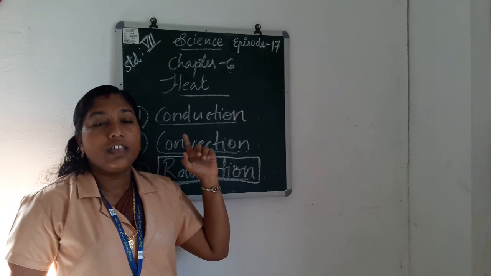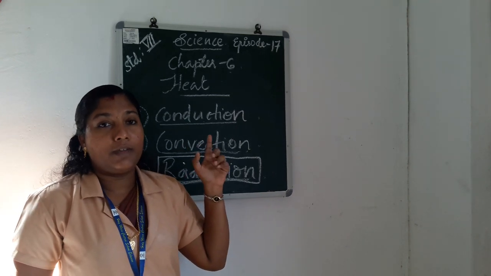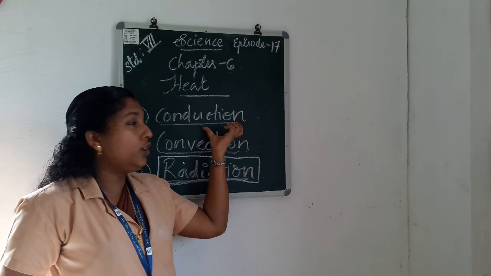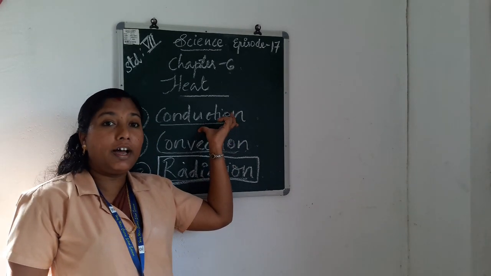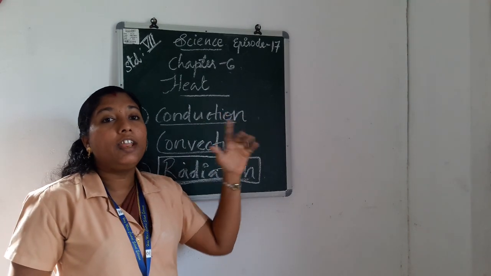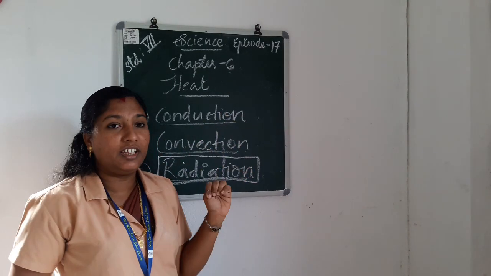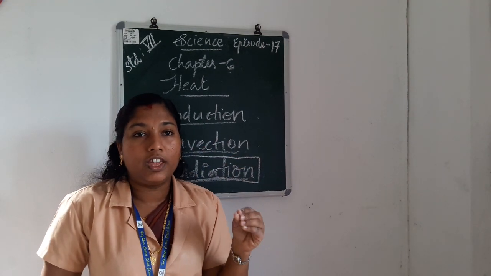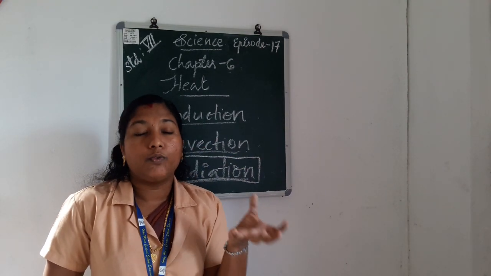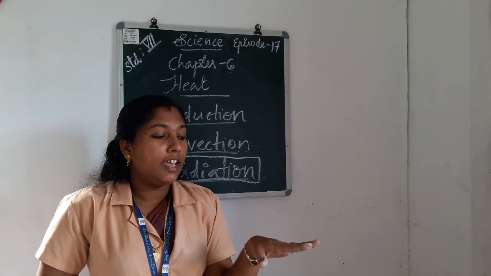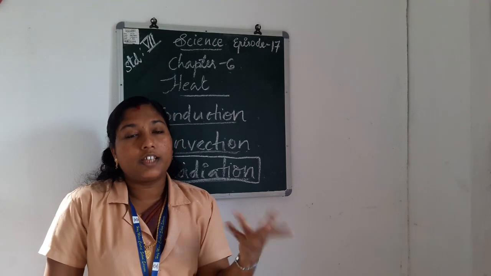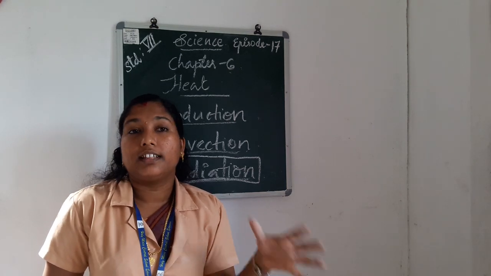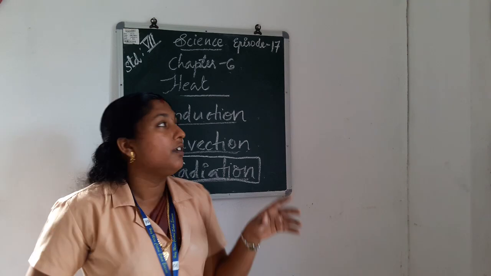What do you mean by conduction? Conduction is a mode of heat transfer from a hotter part of a material to the colder part of that material without any movement of that material. For example, if we heat one side of a metal piece and keep the other side at rest, then after some time, if we touch the metal piece, we can feel heat on the other side.